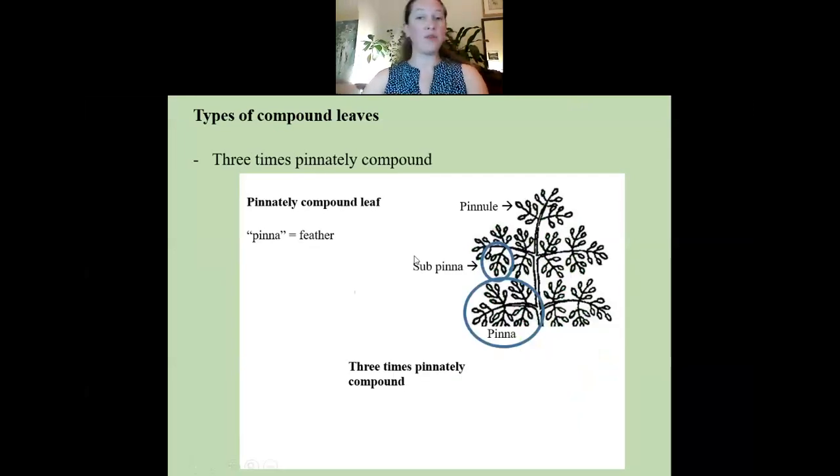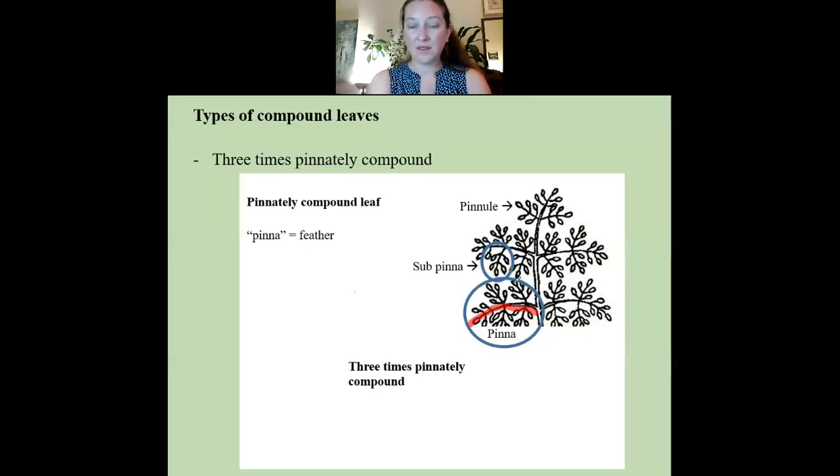You can have more than 2 times pinnately compound. You could have 5 times pinnately compound. In this case, we have a 3 times pinnately compound leaf. So you have 3 divisions. I won't draw the whole leaf, but I will draw the divisions, right? So here's the first division, the stem.